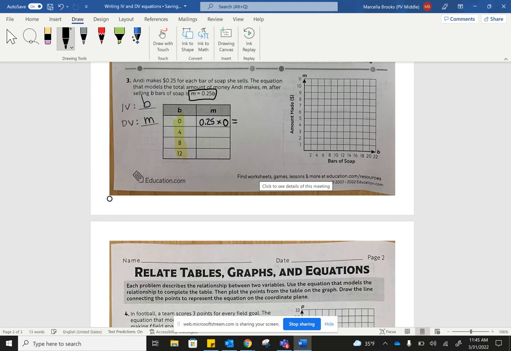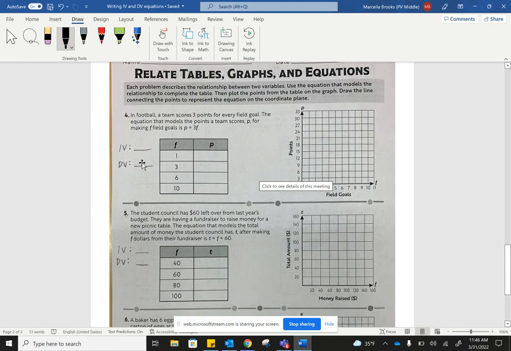That's going to give you your y value. Again here, not times 0, it's going to be times 4 this time. 0.25 times 8. 0.25 times 12. Okay? So find your points, graph your points, and then draw your line.